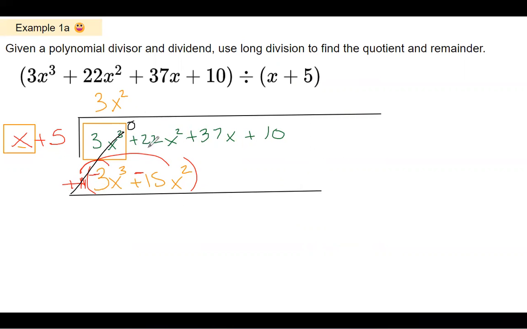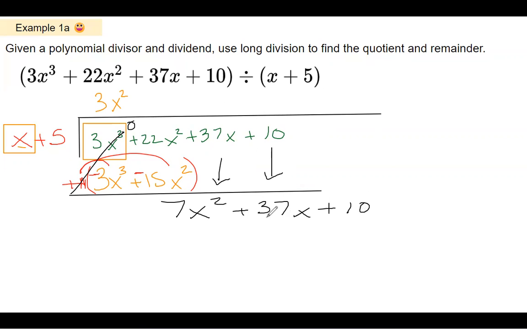And now we have 22x to the power of 2 plus negative 15x to the power of 2, which is 7x to the power of 2. What happens to the rest? We bring it down. So now we have positive 37x and plus 10. So basically, it just depends on the number.